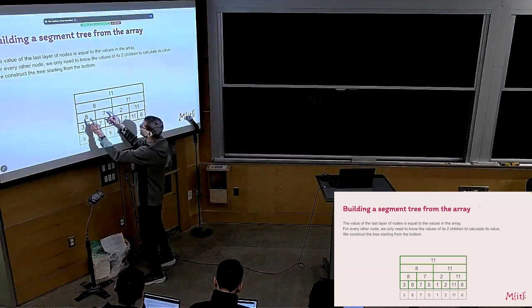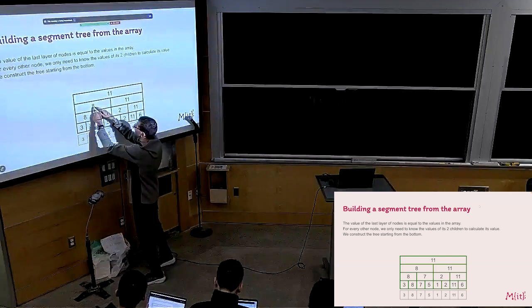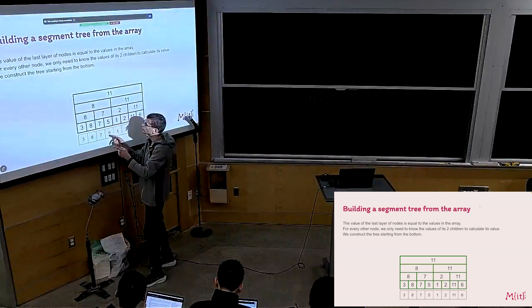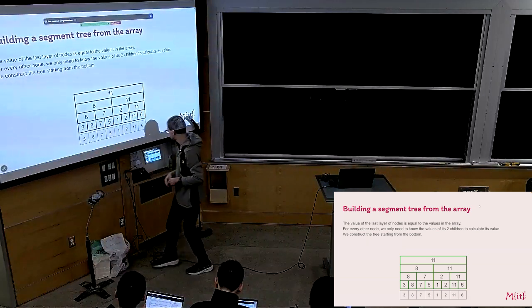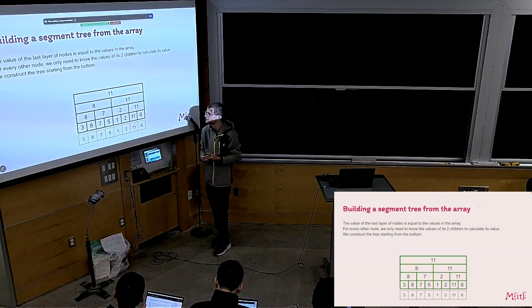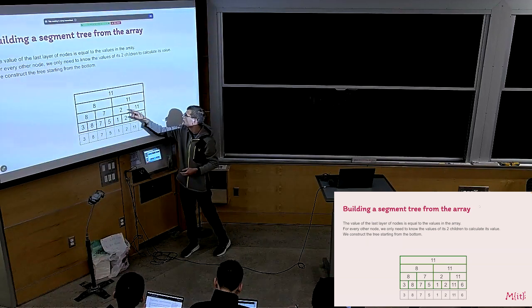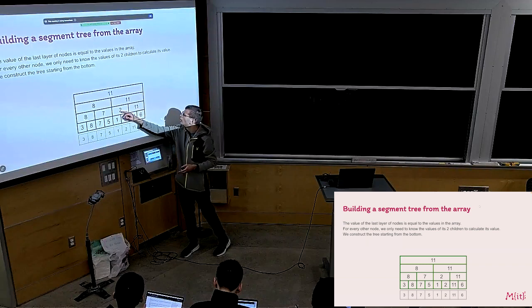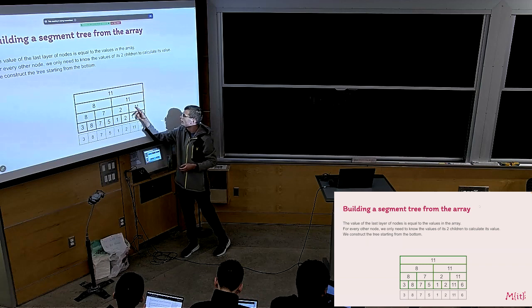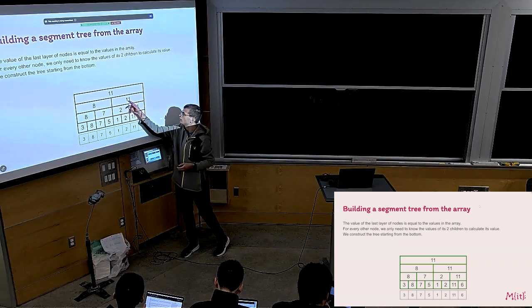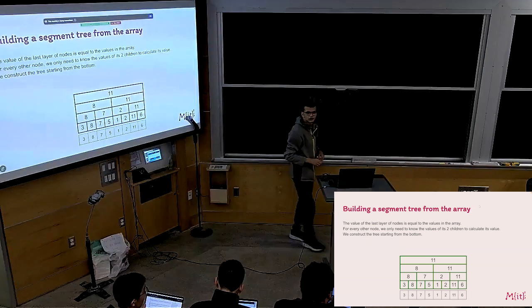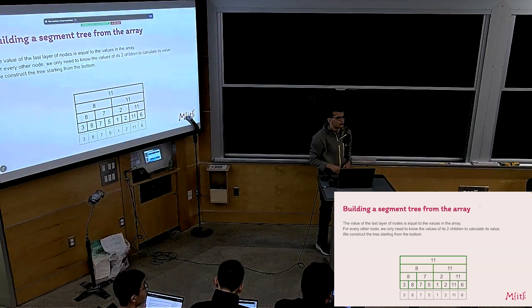So if you take the maximum of these 2 values, you get the maximum of the entire subarray of length 4, which is exactly its parent. This is a very important concept for segment trees: if you know the values of 2 adjacent blocks that have a common parent, then you can use those 2 values to compute the value of their parent block in O(1) time. Does that make sense? Okay.